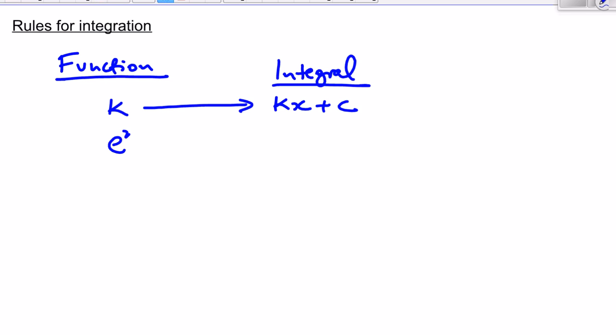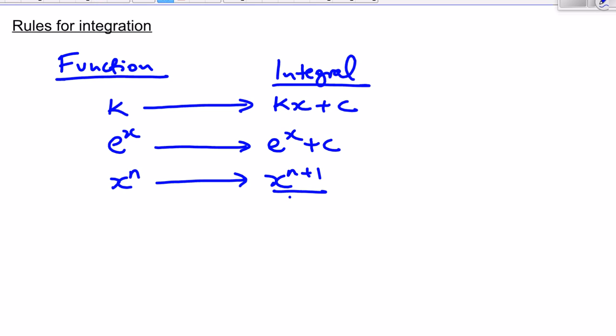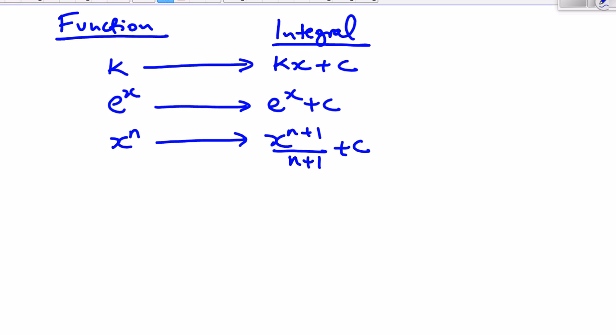If you have e to power x, you just end up with e to power x plus c. If you have x to power n, we've already looked at this, we'll end up with x to power n plus 1 over n plus 1 plus c. If you have a function like 1 over x, you'll end up with ln of absolute value of x plus c.